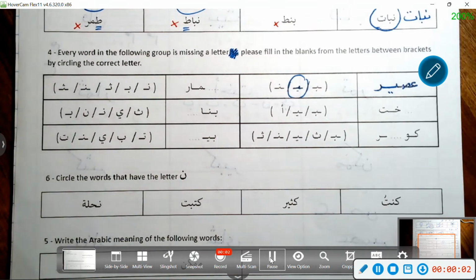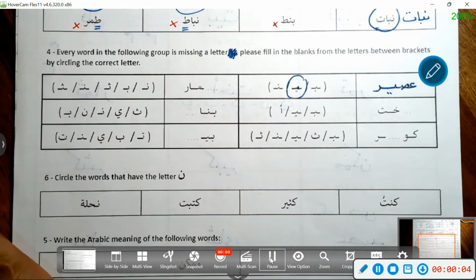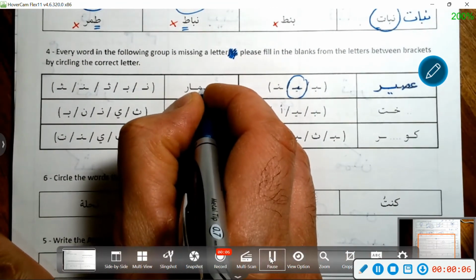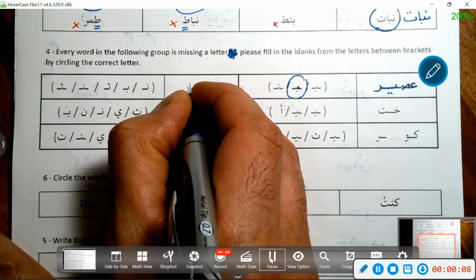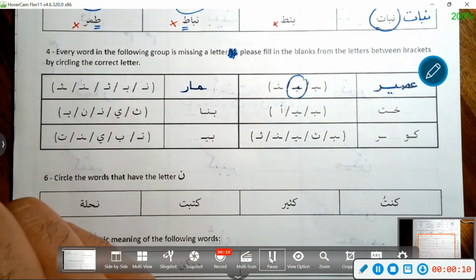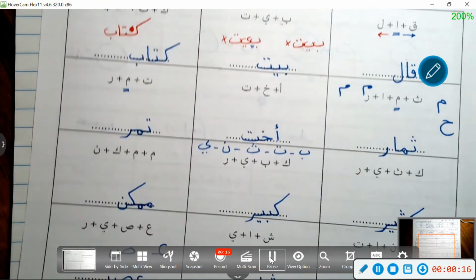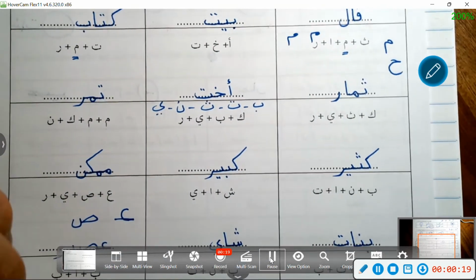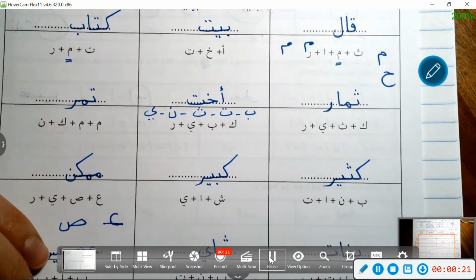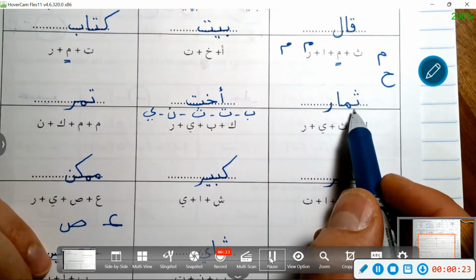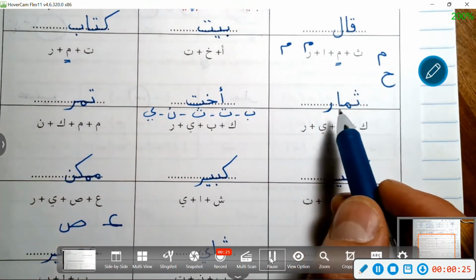Now the second word, we have something connected to the meem, and we have alif and we have ra. Again, if you go back to the letters here, to the first question, we find this word, thimar. It means fruits, thimar.